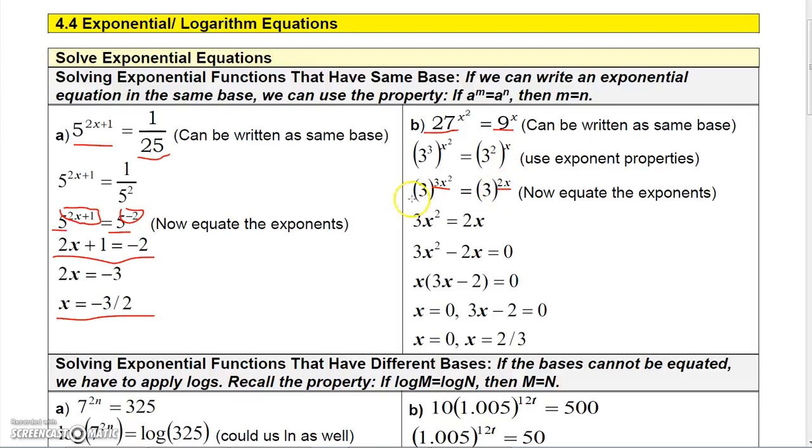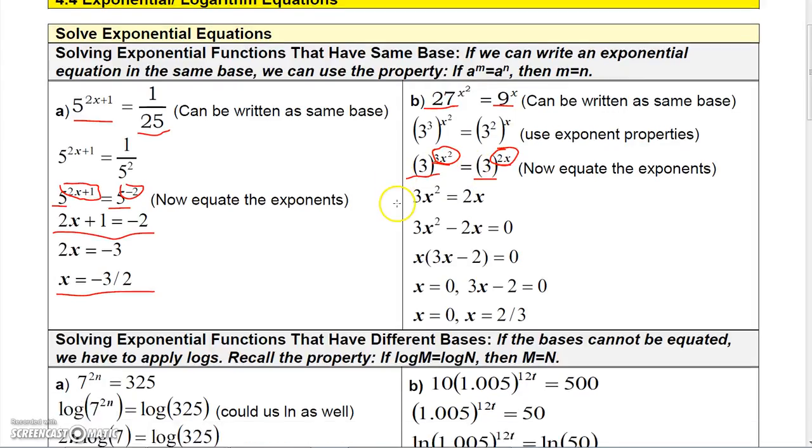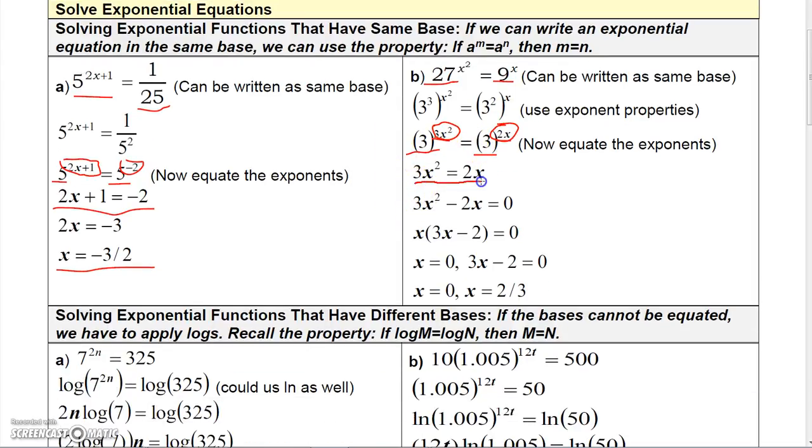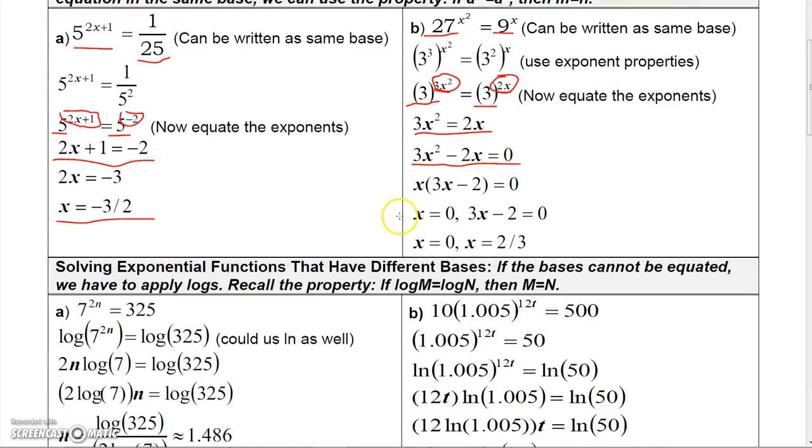And then now that I've got the same base on both sides, I have 3 to the 3x squared equals 3 to the 2x. Then 3 times x squared must equal 2x. And so then I can just solve this using algebra that I've learned before. Let's subtract 2x from both sides, and I get 3x squared minus 2x equals 0.